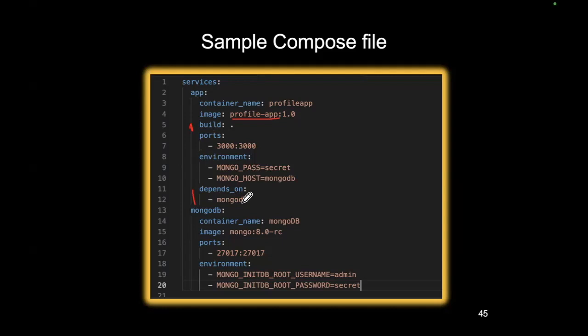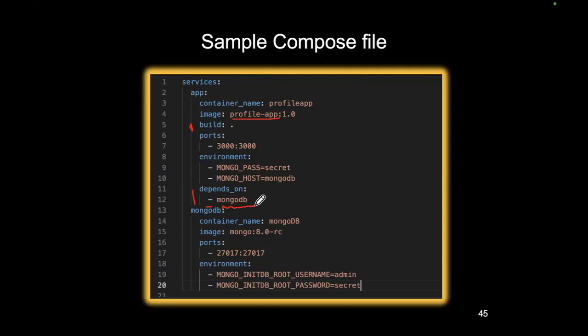If there were five or six other containers within this overall multi-container application, and this particular one not only depended on MongoDB but also depended on another container, then you would simply put a little dash here and then name the service here. Sorry, I'm saying name the container, I mean name the service.